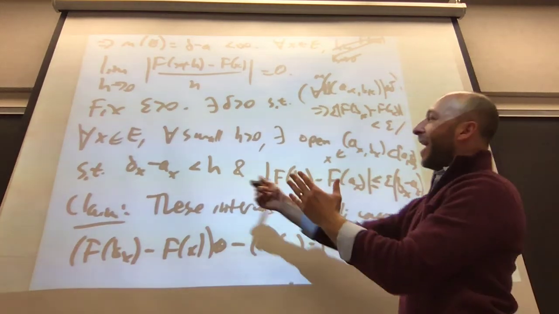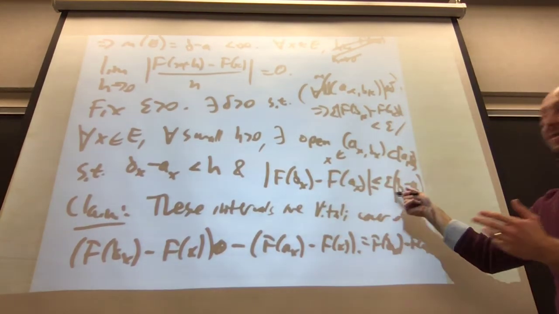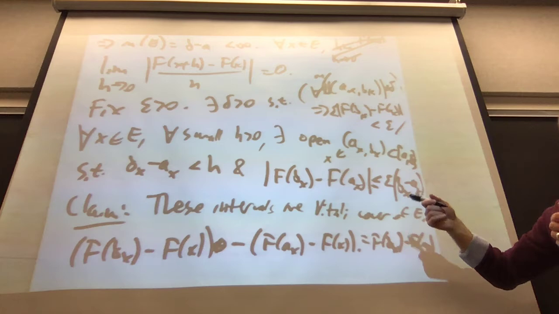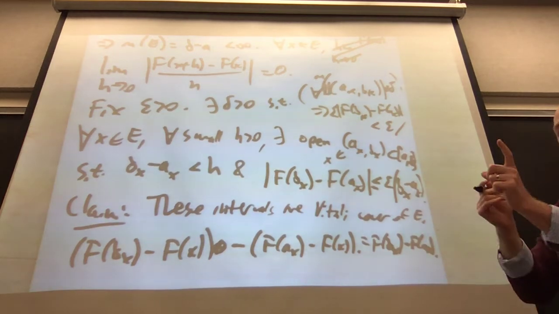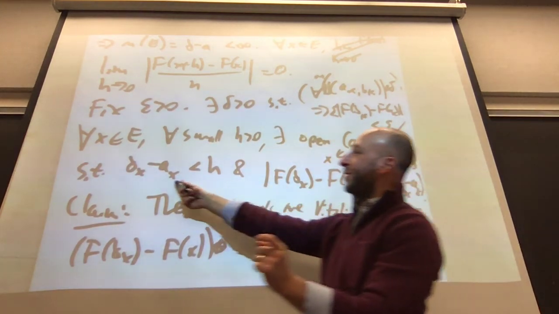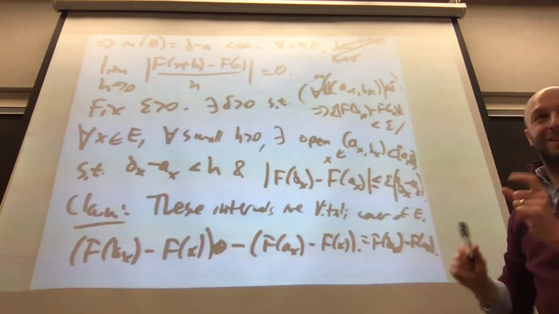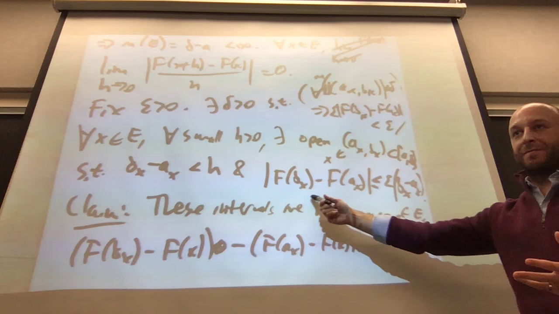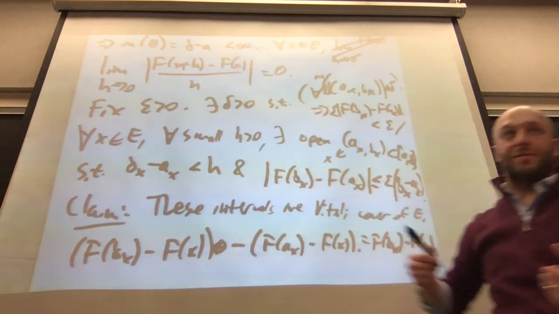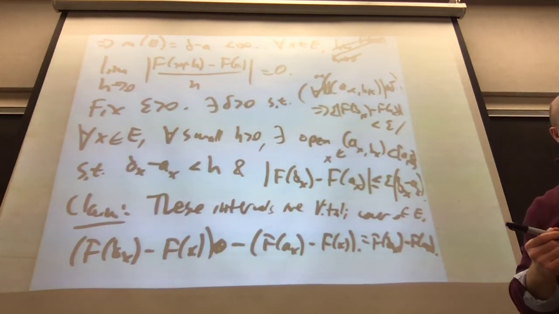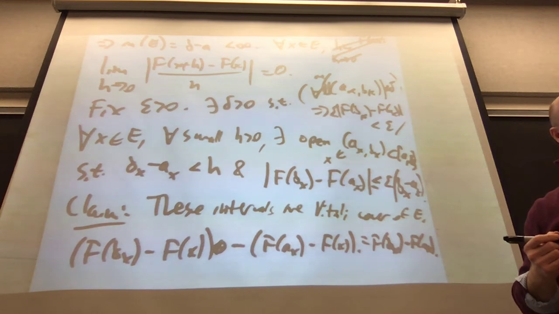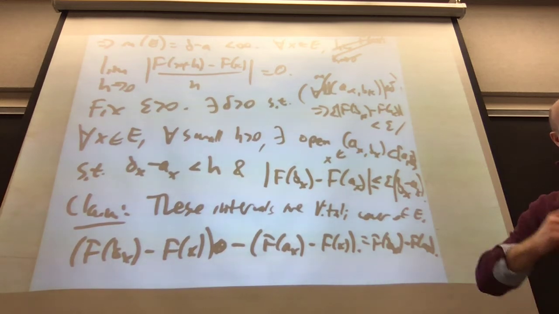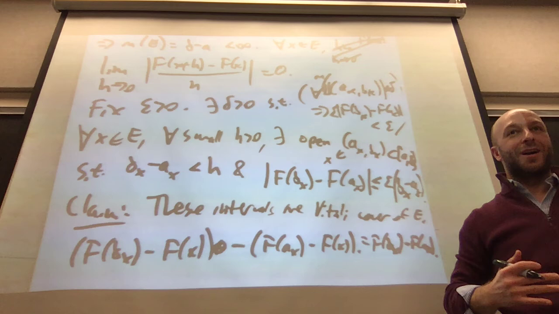Because I can zoom in on x, staying inside E. So for every x in E, there is this zooming interval that contains x, satisfying this condition because the derivative is 0 in E. And E has finite measure.